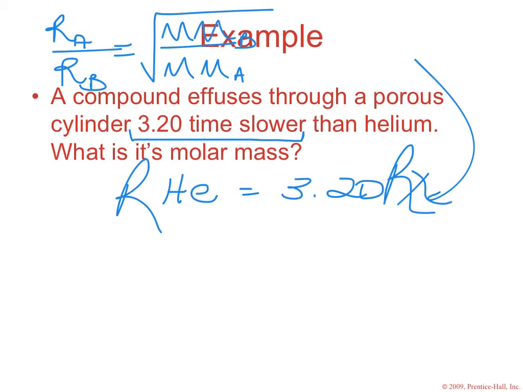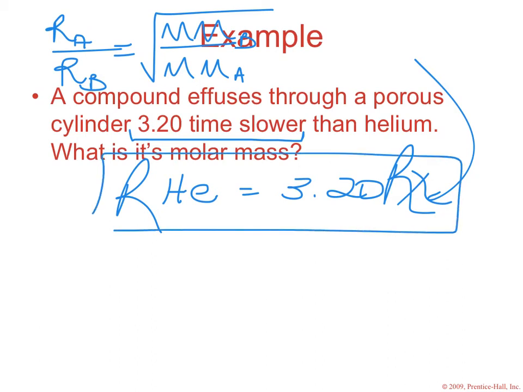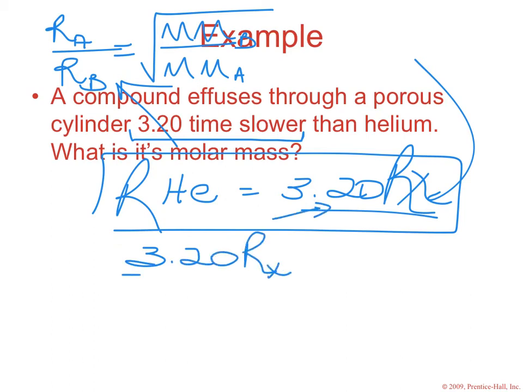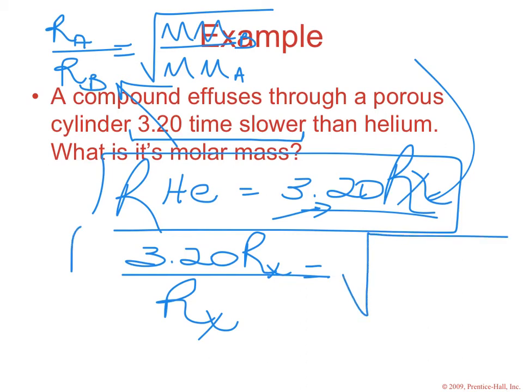So what do we do with this? Going back to Graham's law, I'm going to go ahead and put helium on top. It doesn't really matter. For helium, 3.20 times the rate of X, that's what I just determined here, over the rate of X, equals, now remember the top was the rate of helium, so the molar mass of helium goes in the bottom here.